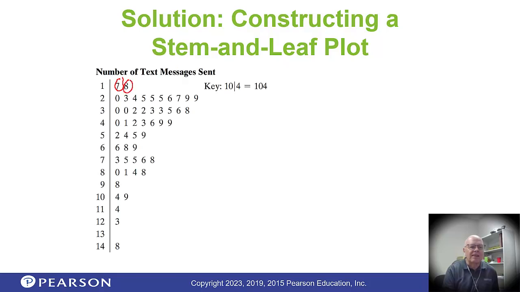This one represents the 18. If we jump down here, this represents the 55. And you can see we've got these spaced exactly the same from top to bottom. That way, we actually get a picture that we can draw some inferences from.